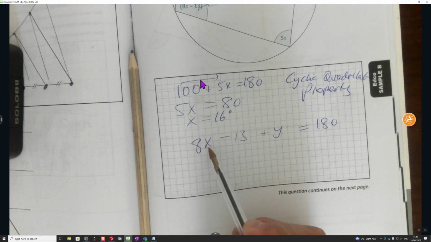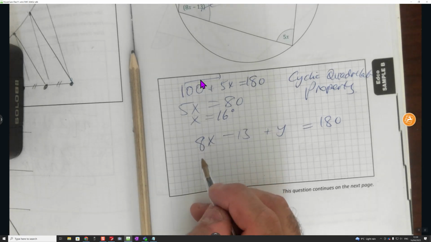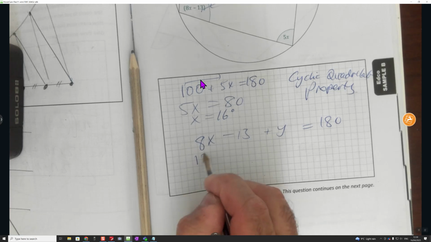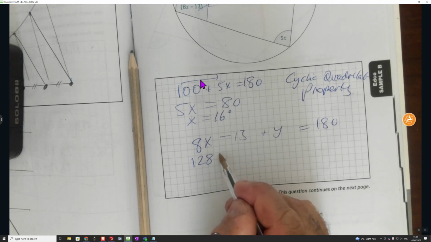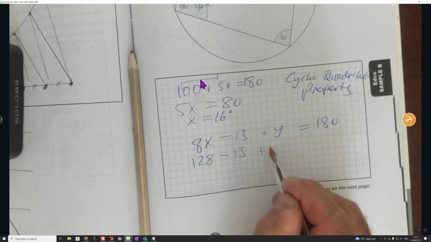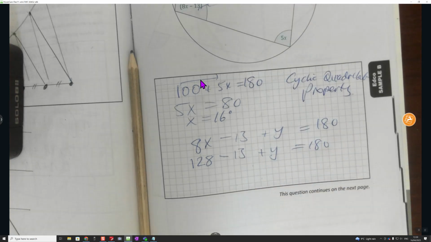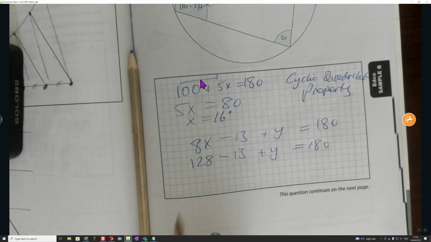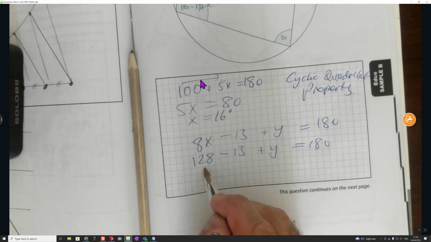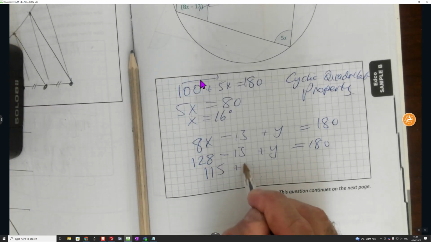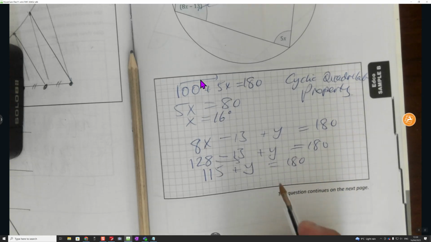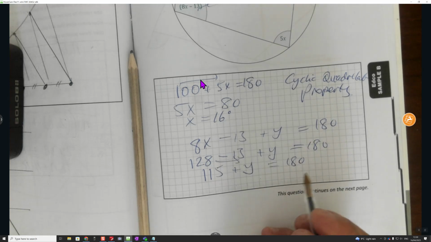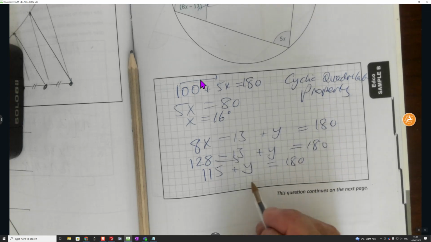So 8 16s, that's a number we're very familiar with, because it's double 64, which is 128. 8 16s take 13 plus y equals 180. Now when you're dealing with linear equations like this, it's best to simplify both sides first. So what's 128 take 13? 115 plus y equals 180. Now we'll transpose the 115 because both sides are simplified, and we have 180 take away 115, which is 65.